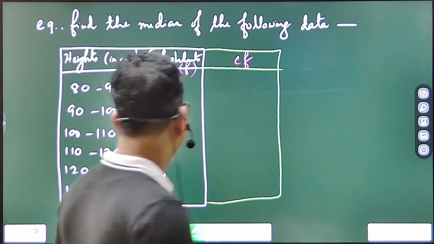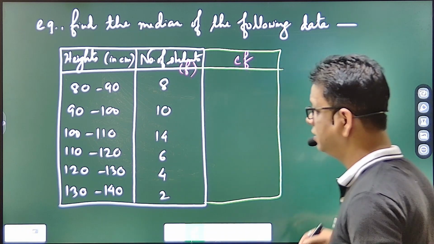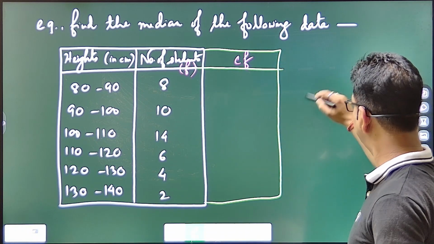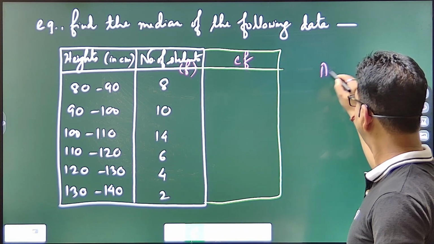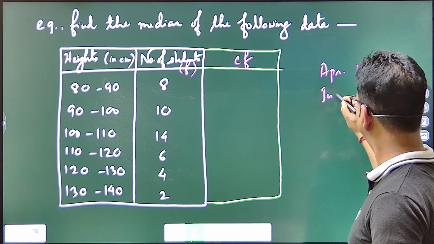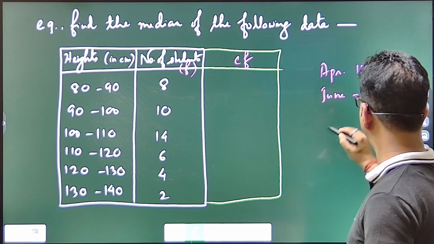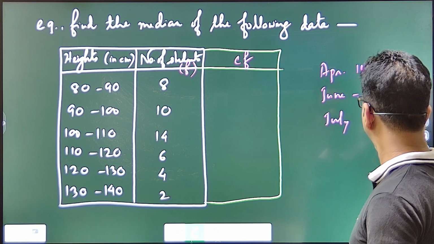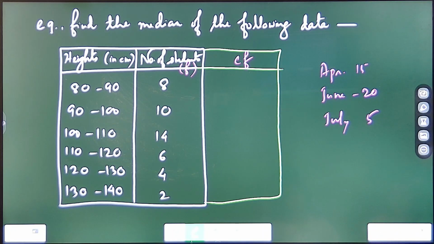Cumulative frequency means, suppose in the institution or college where you were studying, in the month of April you were present for 15 days. In June, suppose you were present for 20 days. In July, suppose you were present for only 5 days. Cumulative attendance means attendance up to that month.